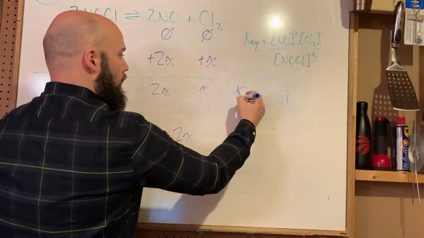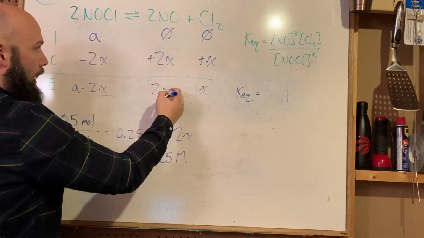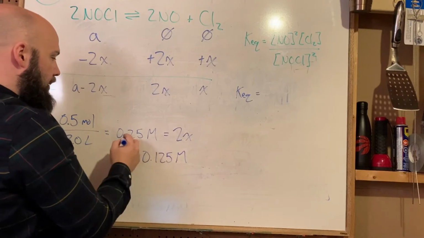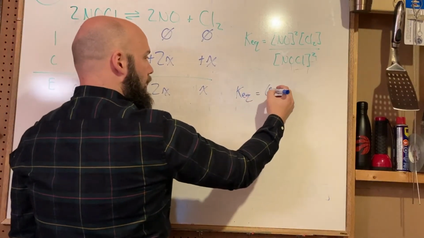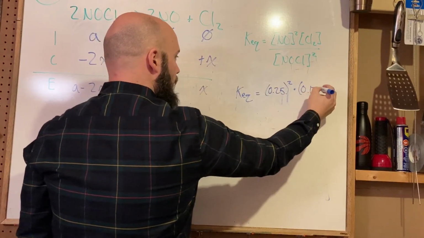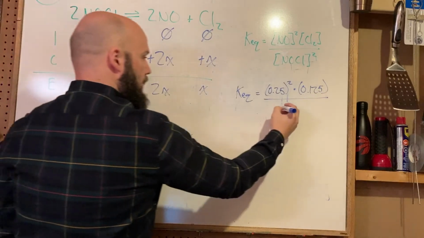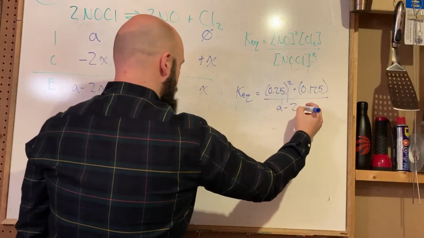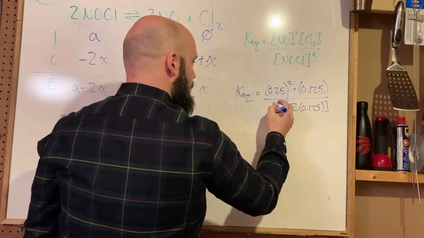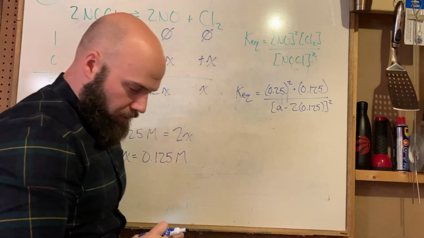So we're going to plug in these values. NO squared is 2x squared, so that's 2 times 0.125, so it's 0.25 squared times 0.125, all divided by A minus 0.125 whole squared. And we're given that our KEQ is 3.5.